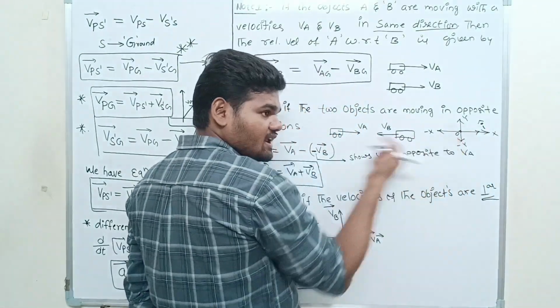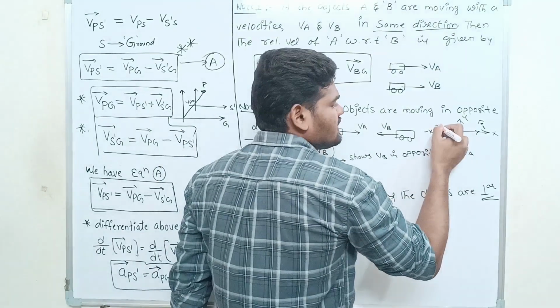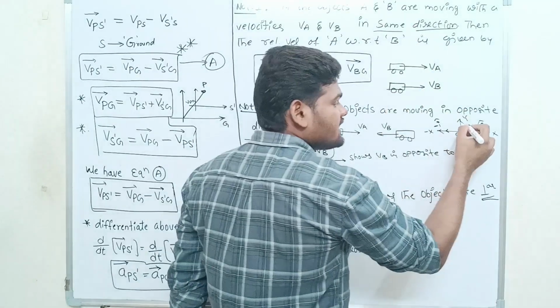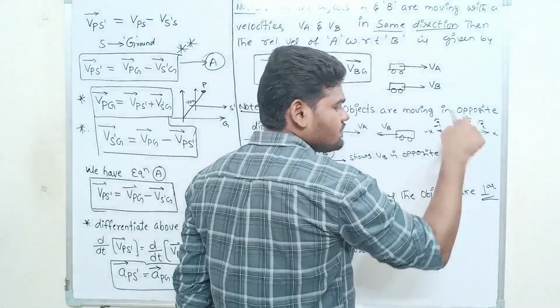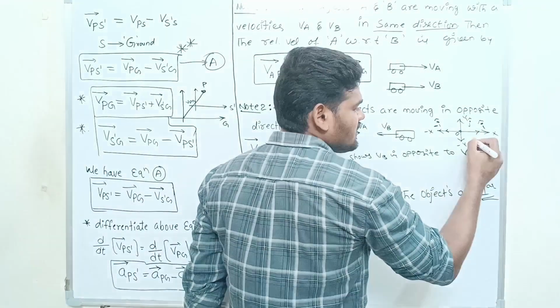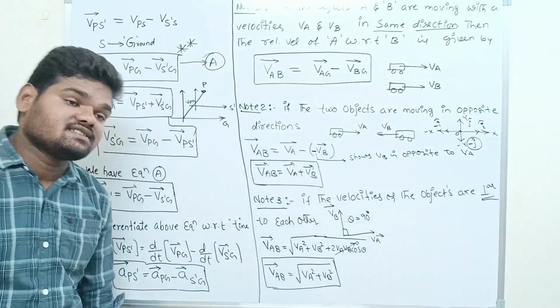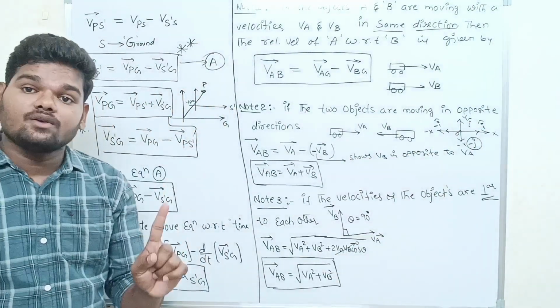If the object is moving in this direction, then its direction is given by the unit vector minus i cap. If any object is moving in the upward direction, its direction is given by the unit vector j cap, and if it moves in this direction, its direction is given by the unit vector minus j cap. So i cap, minus i cap, j cap, minus j cap.